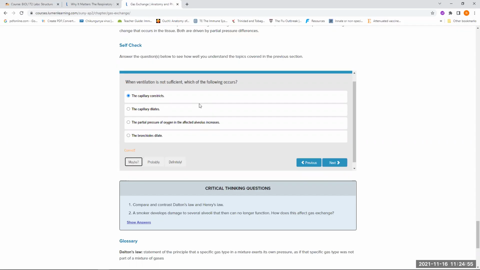Now, it doesn't affect the capillaries, but what it affects, you have respiratory centers and you have sensors in your body that actually detect changes in carbon dioxide and oxygen. And as a result, that leads to the constriction.